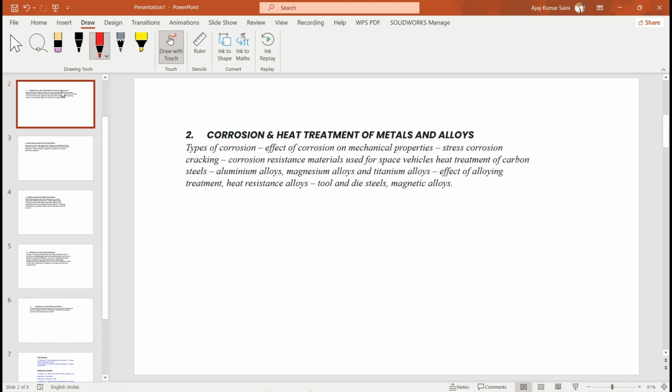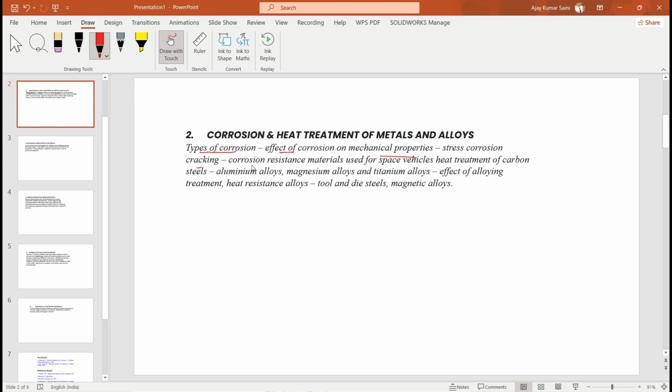And second chapter is related to the corrosion and heat treatment of materials and alloys. Okay, so in this we will discuss about the types of the corrosions and effect of this on the mechanical properties and stress corrosion cracking.